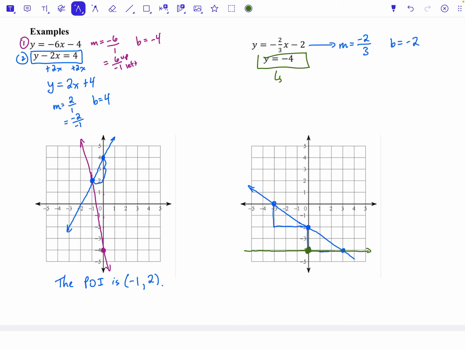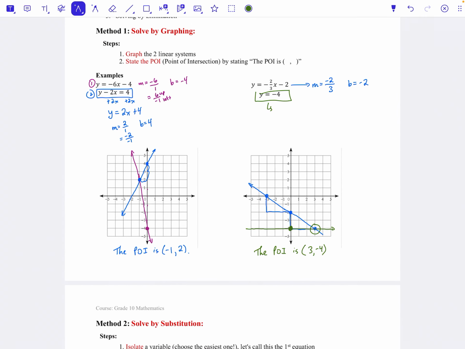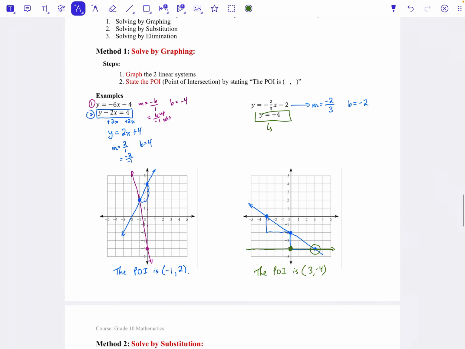All right, final step. See the point of intersection? It's right there. So we write the POI is (3, -4). There we go. Point of intersection. So this is method number 1, solving by graphing.